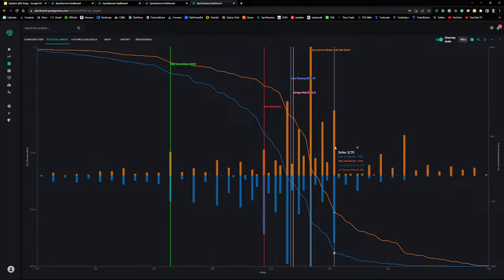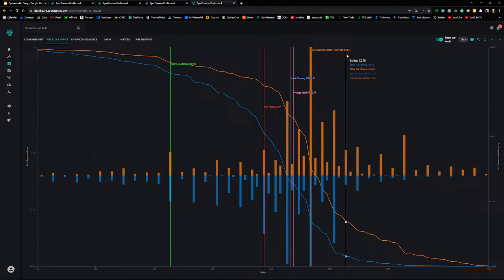All right, so this level, the call wall is... I'm sorry, the key gamma strike and the call wall are both at 260. But there is pretty significant gamma at the 270 level. So the key gamma strike and call wall are at 260, 10 points below.